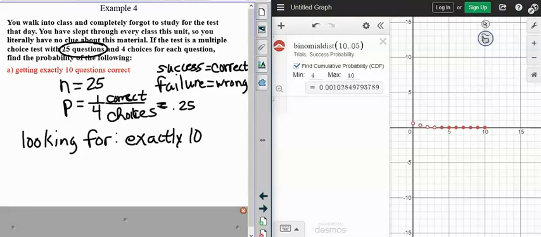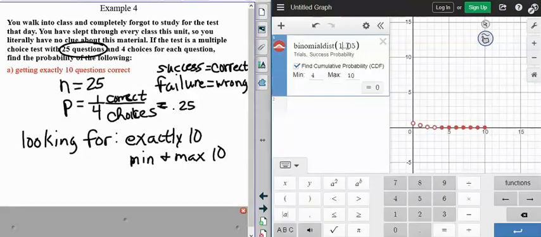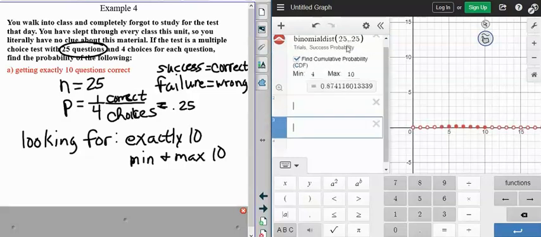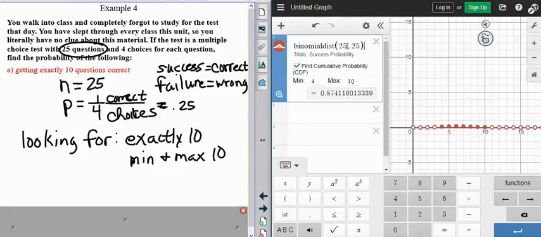That means just 10, so our min and max are 10. So let's go and put that in the calculator. We already have this up here from the last question. So let's change it. Put 25 here, 0.25 here, and here we have 10 and 10.